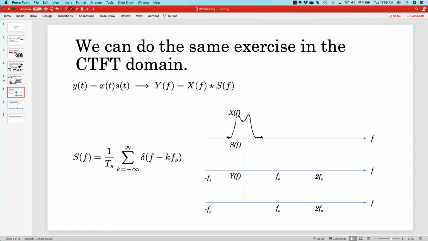The other curveball here is that if we multiply in the time domain, then that corresponds to convolving in the frequency domain. And the other thing that you need to know here is that if I specify s of t as the impulse train, then its Fourier transform, so this is a Fourier transform pair with s of t, s of f, and this is one of the coolest things about impulses, I think, is that its spectrum, its Fourier transform, is also a train of impulses.